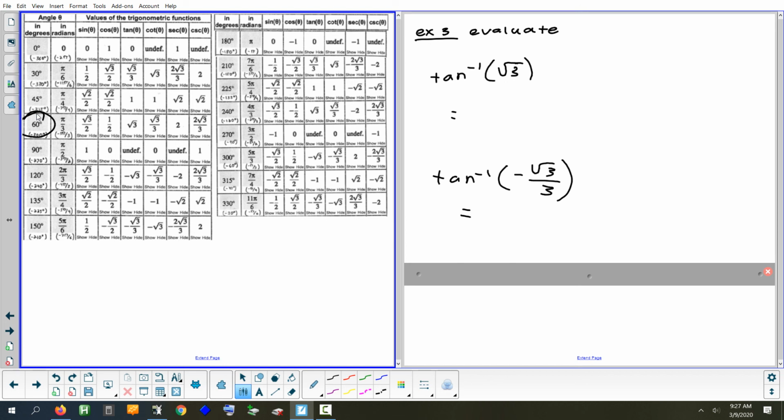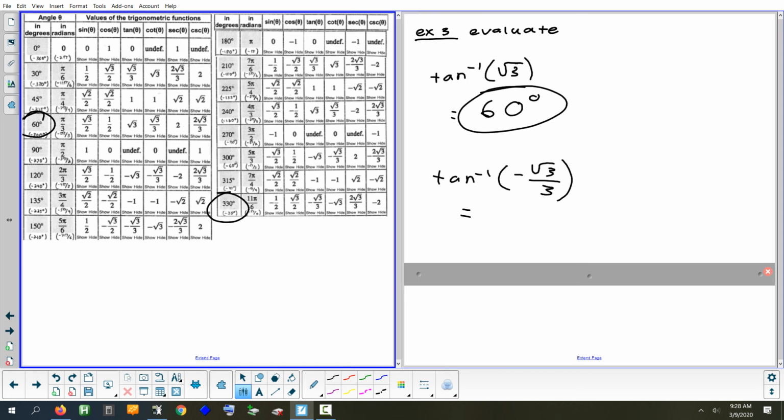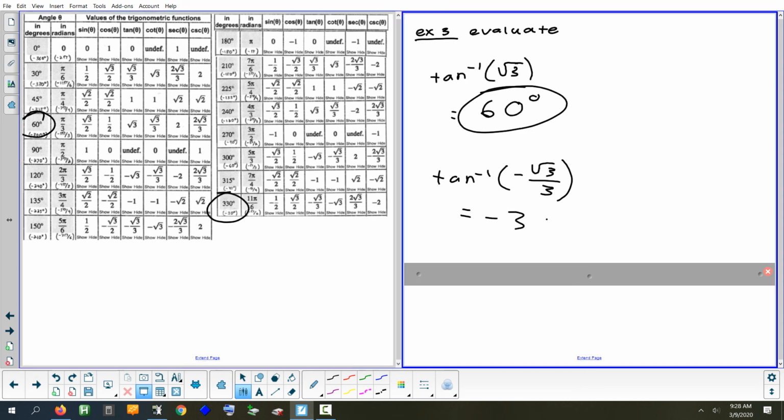Right, it's got to be between -90 and 90. Right, and the last one, inverse tangent of -√3/3. So you said negative, which one? -30. -√3/3. Yep. Right there. -30. Okay. Any questions on that?